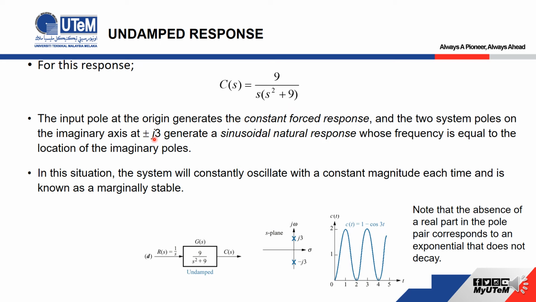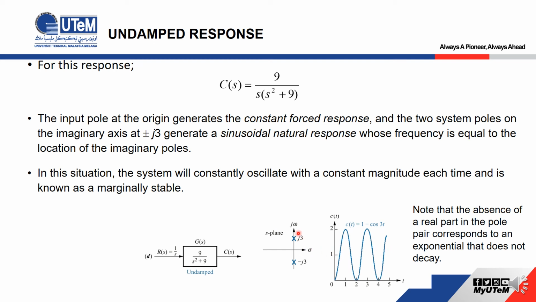So this imaginary axis pole generates a sinusoidal natural response whose frequency is equal to the location of the imaginary poles. In this situation, the system will constantly oscillate, as you can see here, with a constant magnitude, and is known as marginally stable.